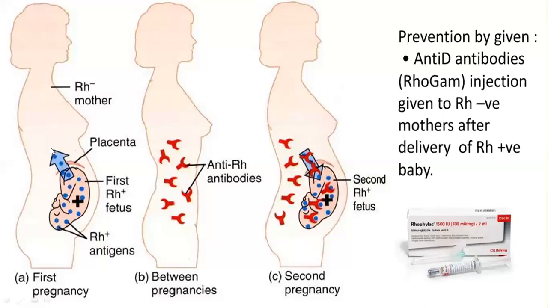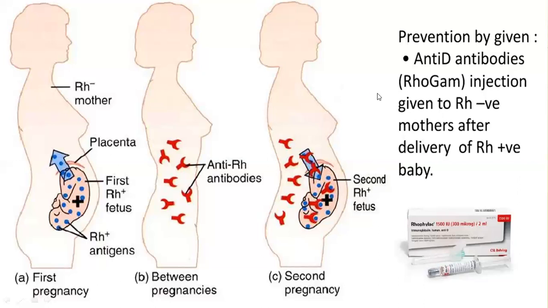So you can also have another child with a rhesus positive without these antibodies, because that will be prevented by giving anti-D antibodies. And sometimes you can do intrauterine transfusion or intraperitoneal transfusion to the baby once you know there is that risk of rhesus incompatibility.